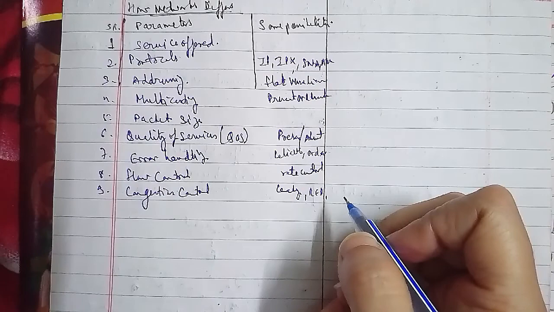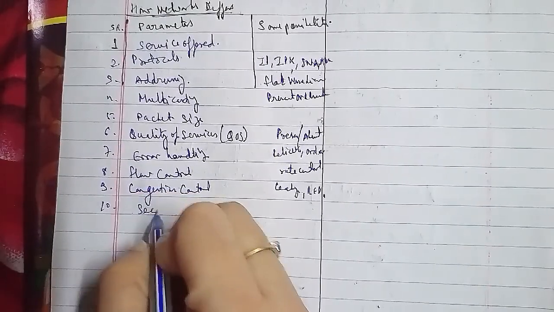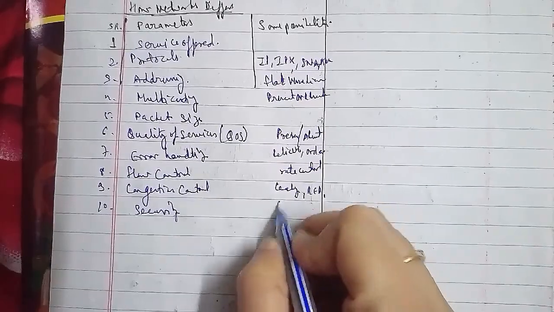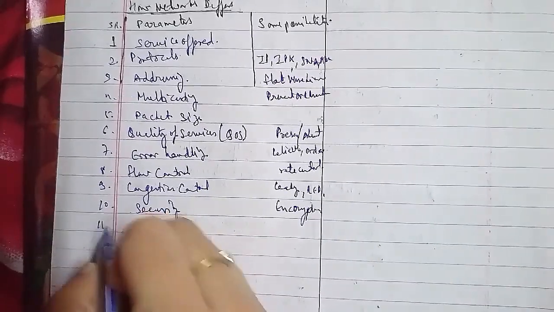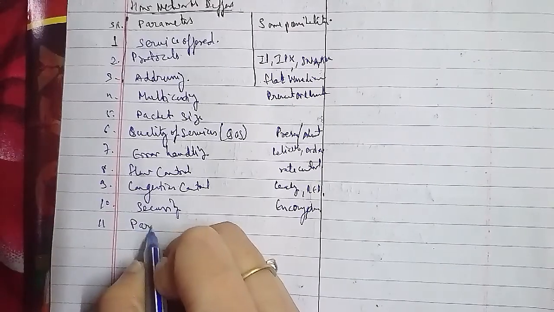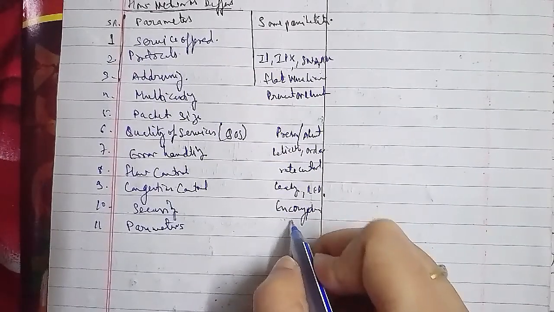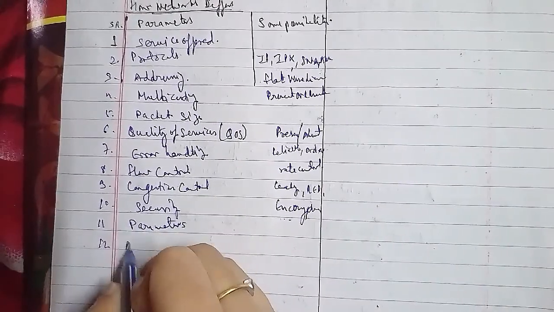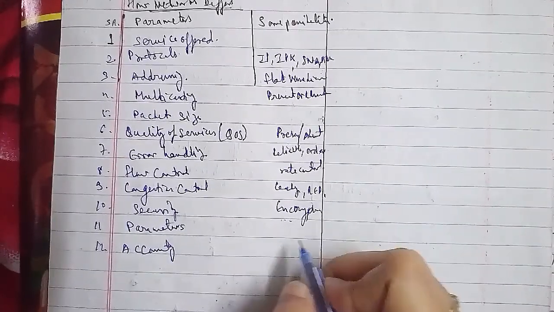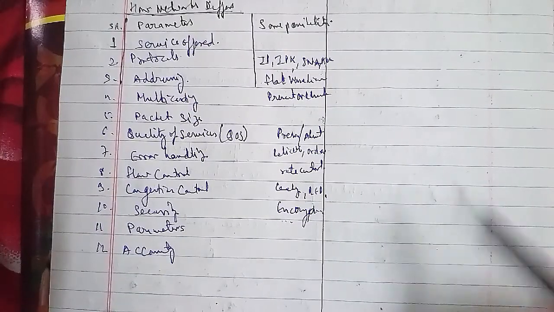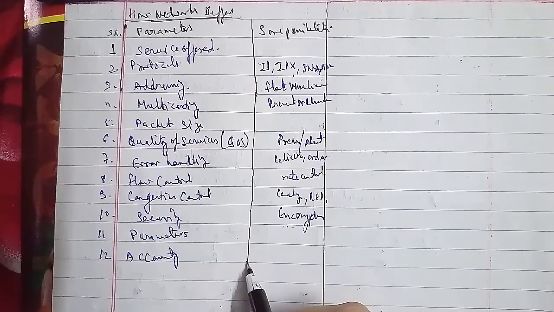The question is: perform the subnetting of the following IP address 160.11.x.x, where the original subnet mask is 255.255.0.0, and the number of subnets is 6.